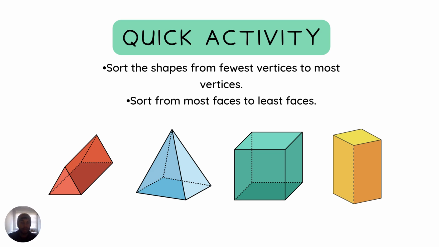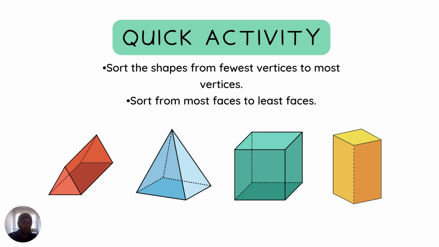Okay. So if you couldn't do it in 5 seconds, like I said, at any point you could just pause the video. From fewest vertices to the most vertices, you would have the square-based pyramid, the triangular prism, the rectangular prism, then the cube. I hope that was your order.